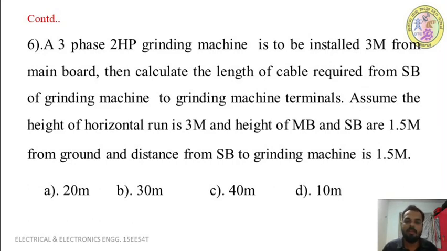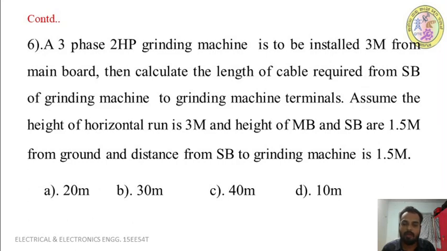Then you have to calculate the length of cable required from the starter board to the grinding machine. Here it is a three-phase machine, so the length of the cable is equal to 3 into vertical distance plus horizontal distance plus extra, right? So that is 3 into, what is the vertical distance?